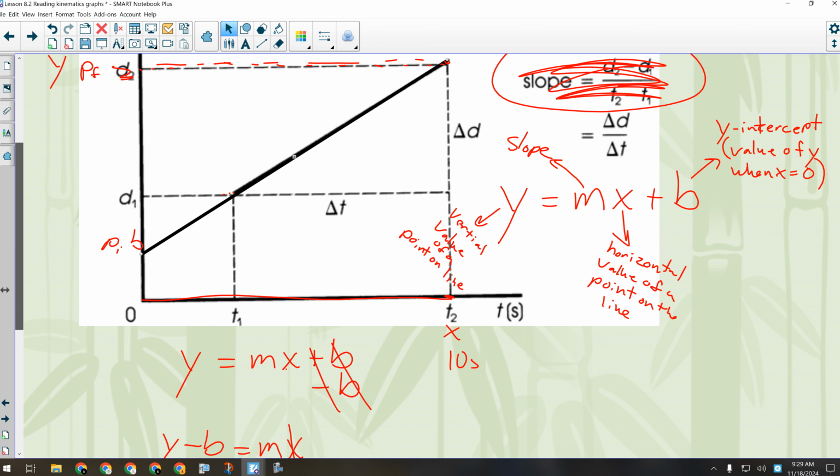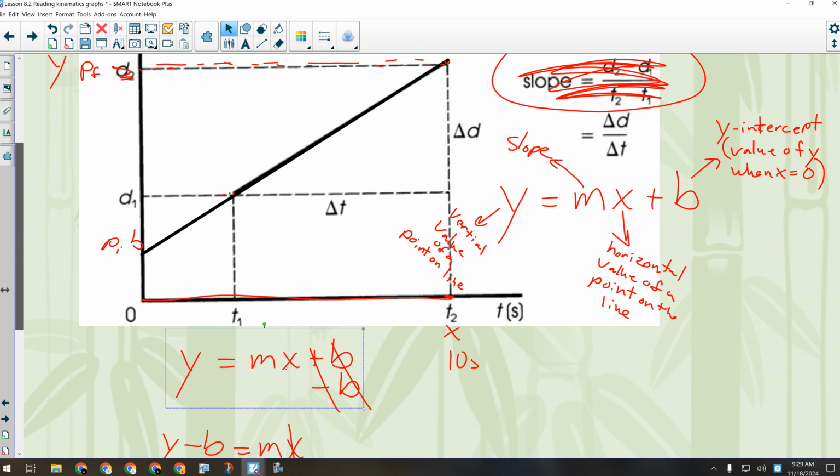We want to be able to extrapolate for things that are beyond the graph, something we're going to learn more about on Wednesday. Could I also use this formula if someone asked me, how long would it take for the object to reach a position of 100 meters? Yeah, then they'd have given me y, because position is on the y-axis, so they gave me y, and then I'm going to work to get x by itself.